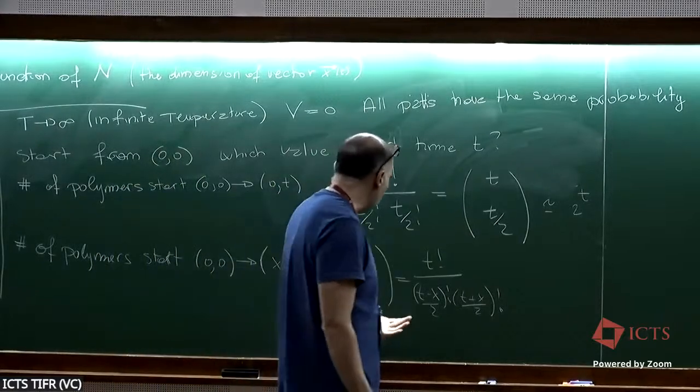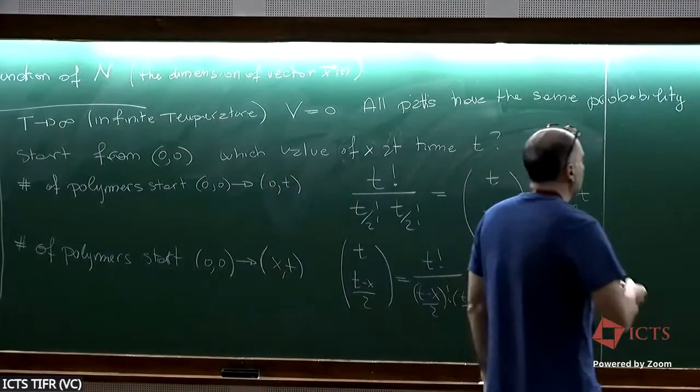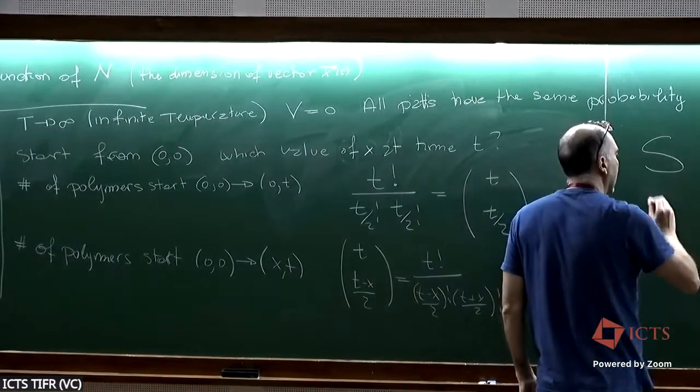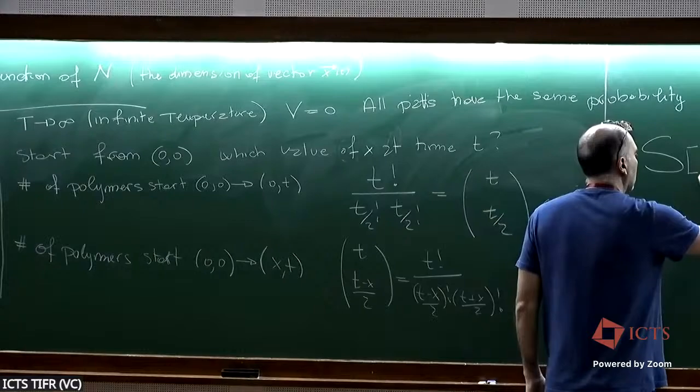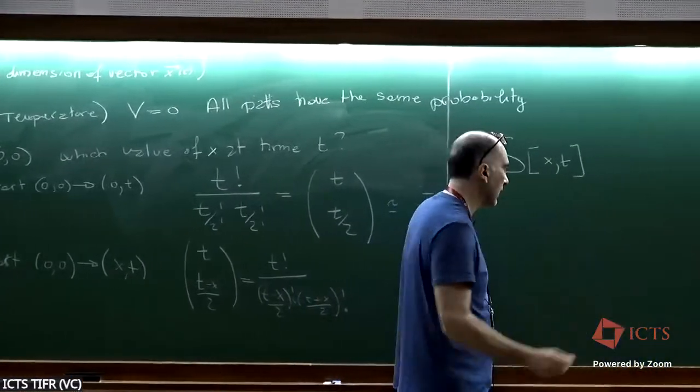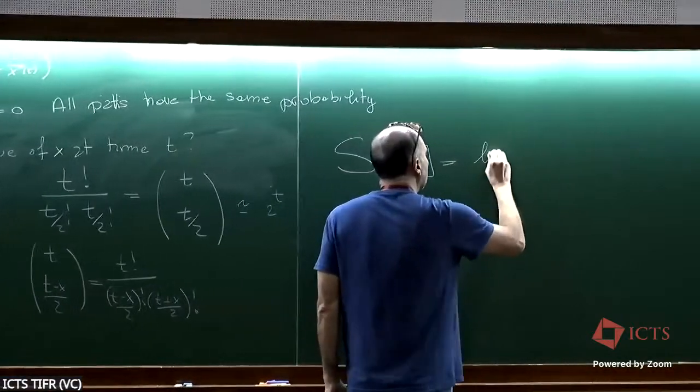And then, in order to have an idea, we can define an entropy, capital S, of ending in x at time t, okay? And this will be the log of this number.